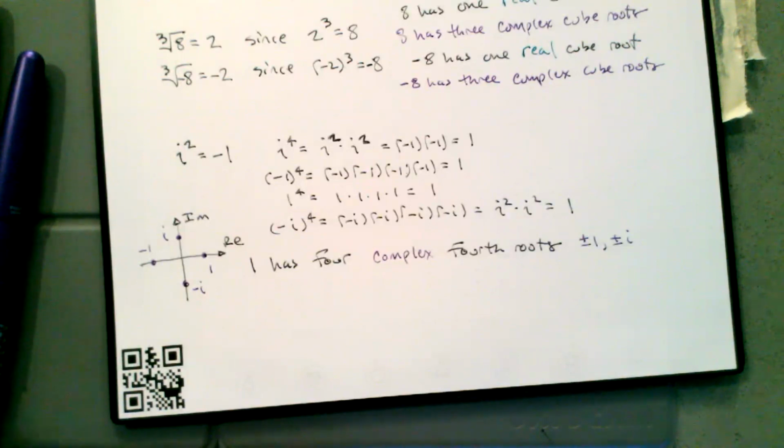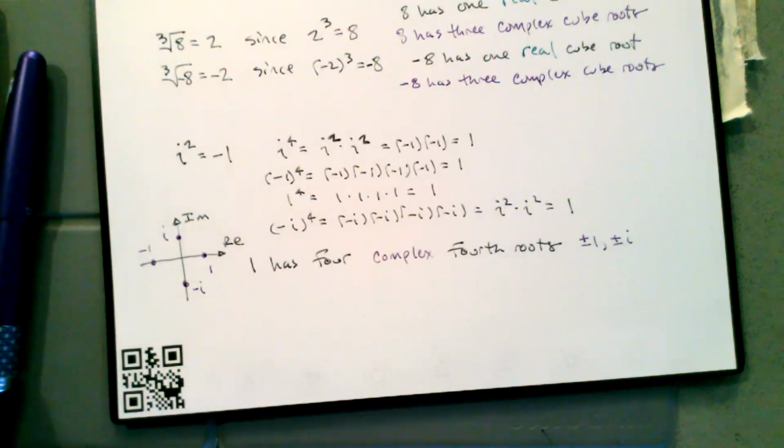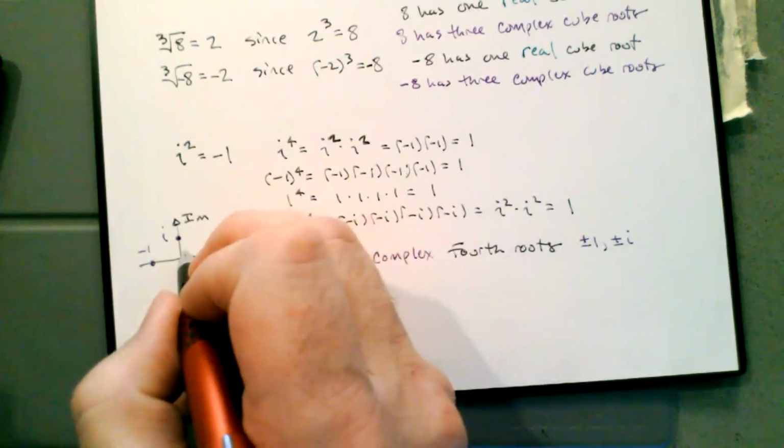Notice how the fourth roots are spread out. What we want to notice is that the fourth roots are all 90 degrees apart.